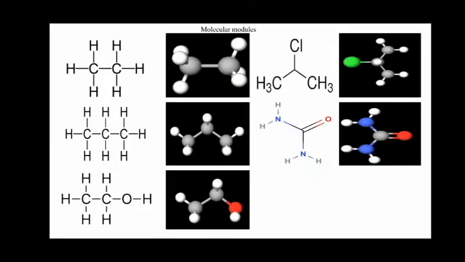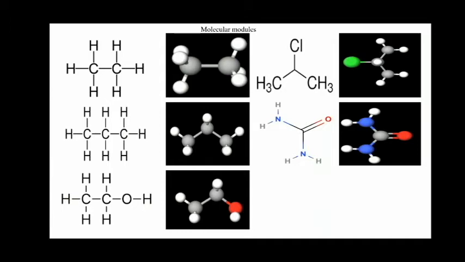Here we are going to see different organic compounds that have a framework of carbon atoms with covalent bonds to hydrogen atoms. We have a series of examples like methane, ethane, ethyl alcohol, ethyl chloride and urea.